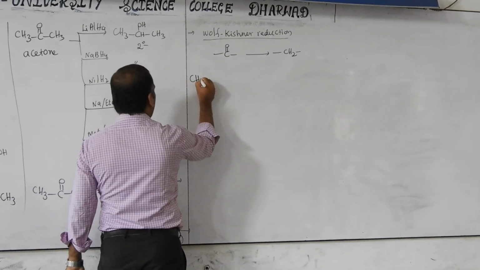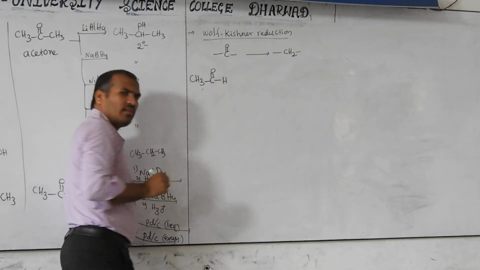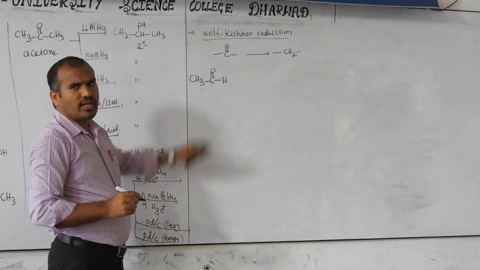See, this is CH3, C double bond O, H. This is an aldehyde. Which aldehyde is this? Acetaldehyde.